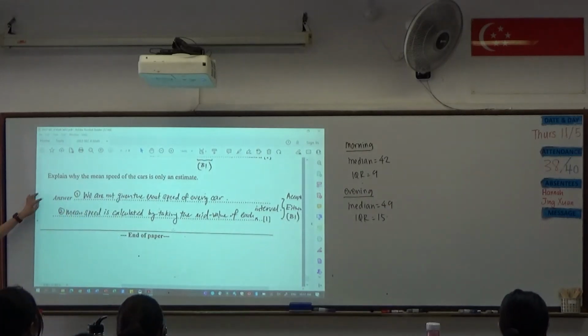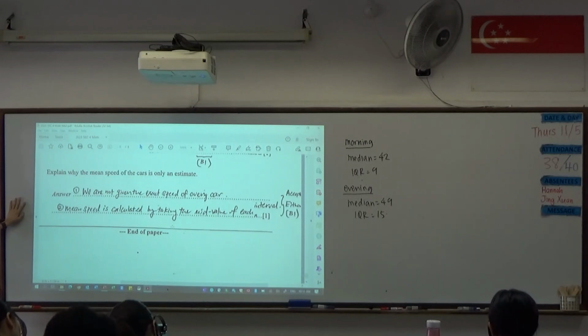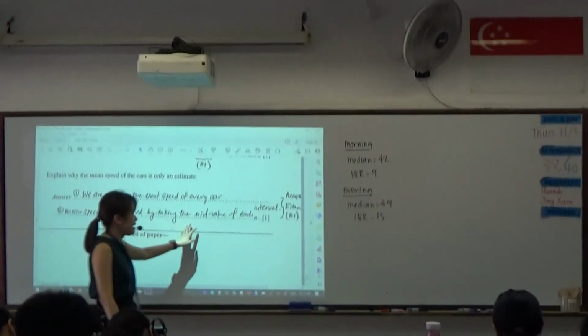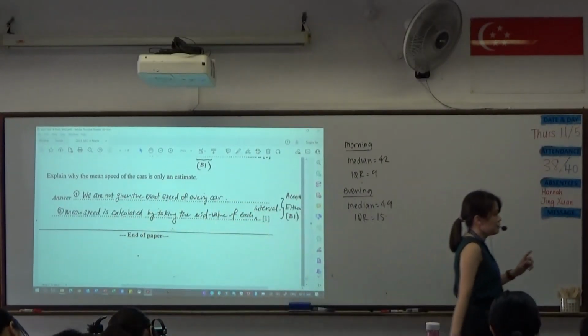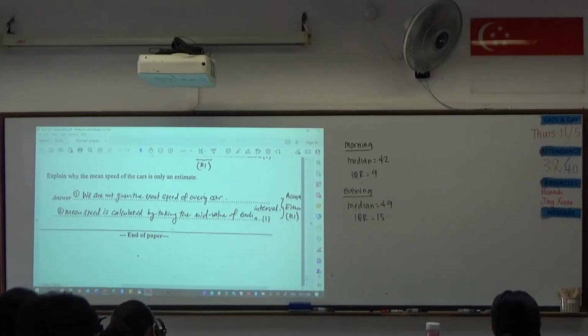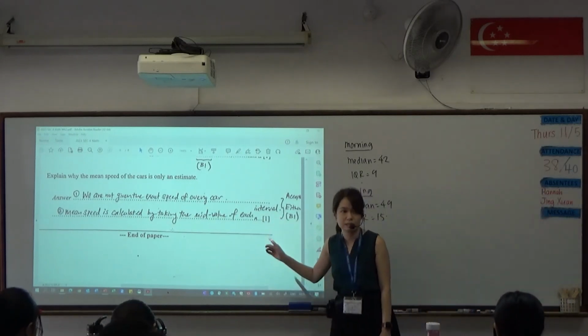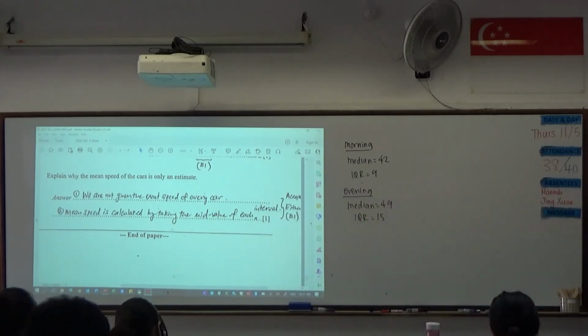So if you are able to say that we are not given the exact speed of every car, that gives you 1 mark. Otherwise, you can also say that the mean speed is calculated by taking the mid value of each interval. Some of you say midpoints. Midpoints refers to something else, so no marks. Some of you also, instead of using the word interval, say range, also no marks.